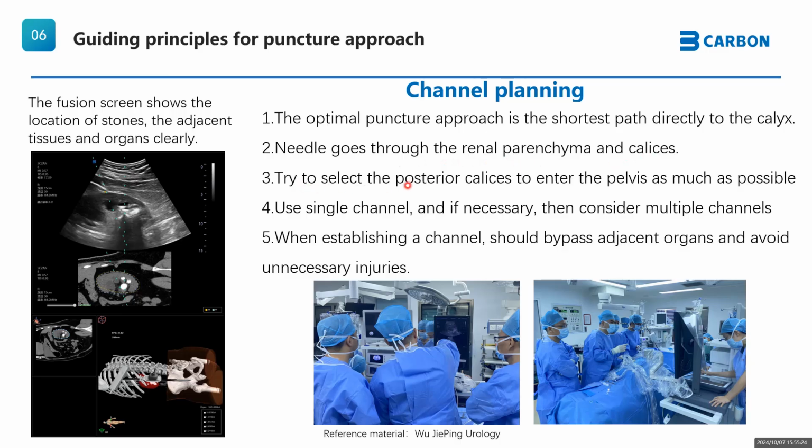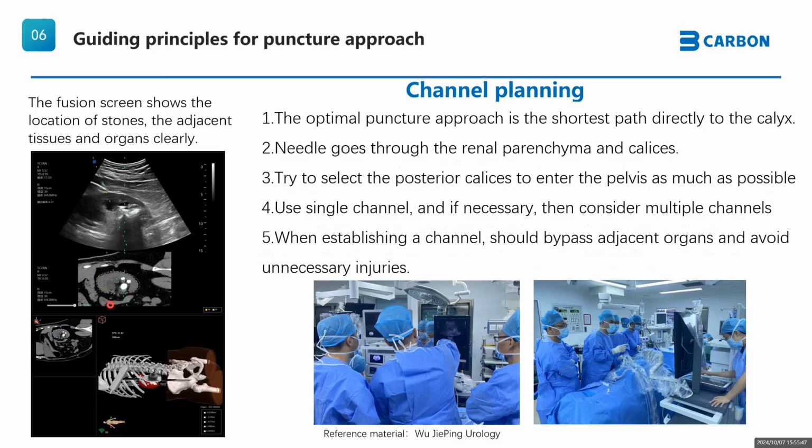Try to select the posterior calyces to enter the pelvis as much as possible. The fourth is use a single channel, and if necessary, then consider multiple channels. When establishing a channel, we should bypass and avoid adjacent organs and unnecessary injuries.